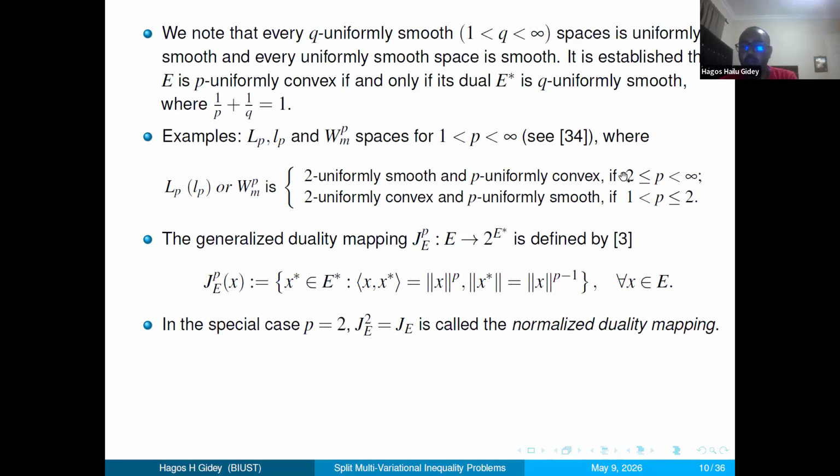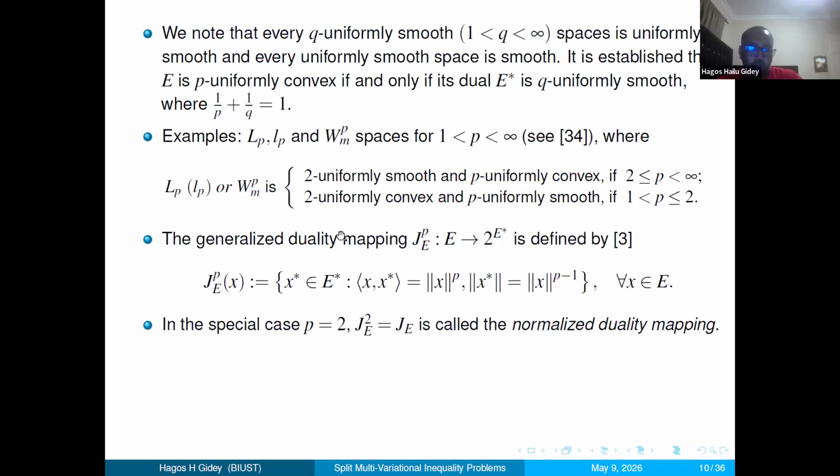And we know if p is 2, then small l^p, L^2, and small l^2 are Hilbert spaces. So our aim is to use p different from 2, because if p equals 2, we are in Hilbert space.